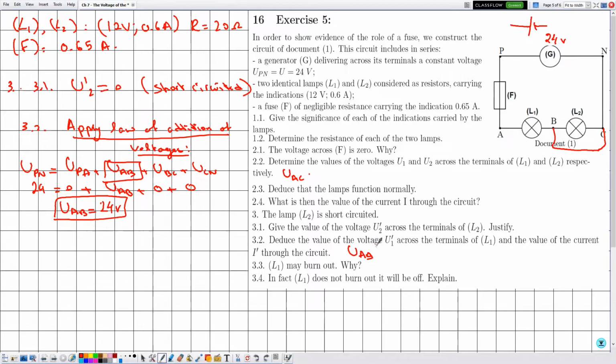So we have determined the voltage U prime 1, which is the new voltage UAB, equal to 24 volts.